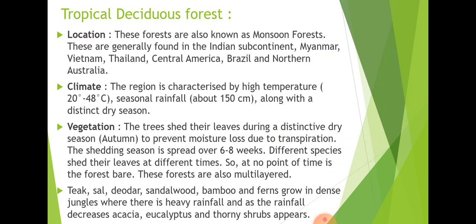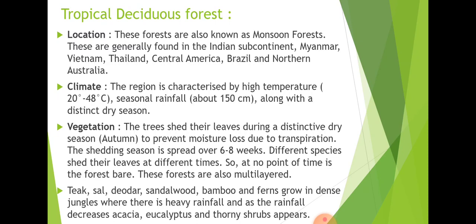Now starting with the next topic, that is the tropical deciduous forest. So the tropical deciduous forest, its location is what? Near the Indian subcontinent, Myanmar, Vietnam, Thailand, Central America, Brazil, Northern Australia. These forests are also considered monsoon forests because they are dependent upon the monsoon.